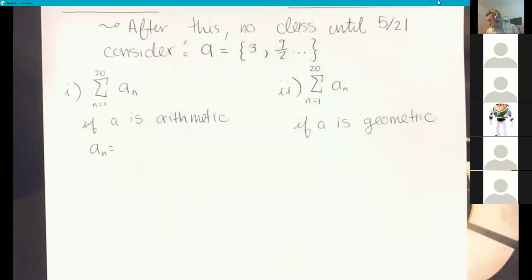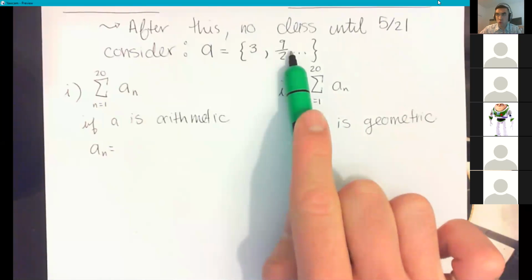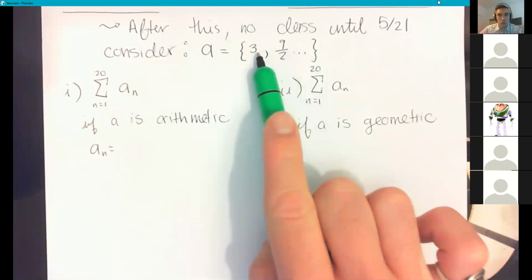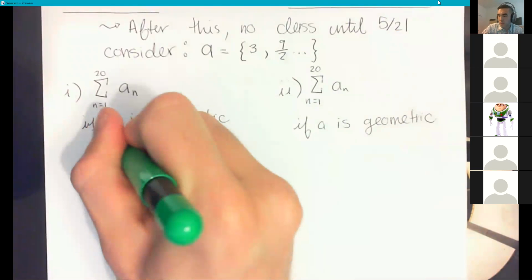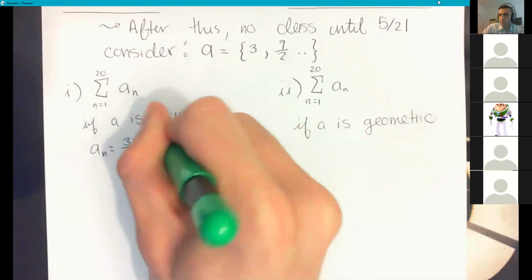Three over 2? Oh, we have 1.5. Yeah, so here we're going from 3 to what would that be, 4.5, right? So from here to here, we're adding 1.5. So that is to say my common difference is 1.5 times n plus b.